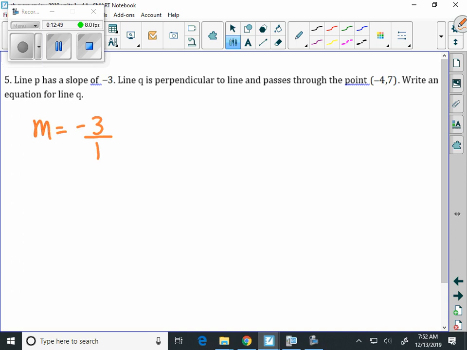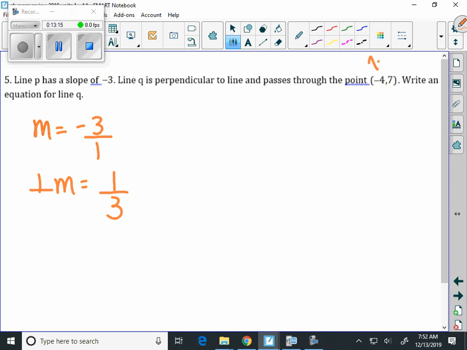And the reason that I do that is because the perpendicular slope is the opposite reciprocal. So the opposite reciprocal means that we're going to flip that fraction and we're going to change the sign. So -3/1, we flipped it, and since -3 was our original slope, our perpendicular slope is going to be the opposite sign of that, which is positive.